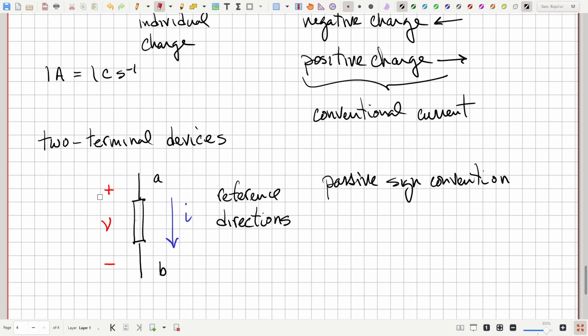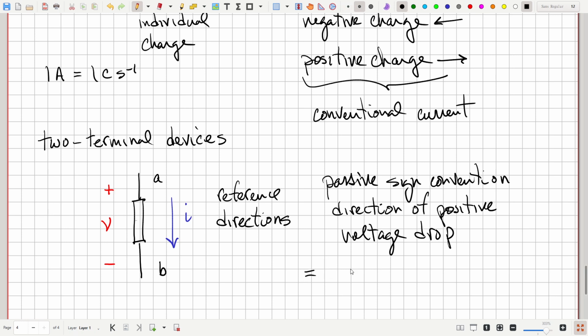And that means that the direction of positive voltage drop, going from the higher to the lower potential, is equal to the direction of positive current flow.